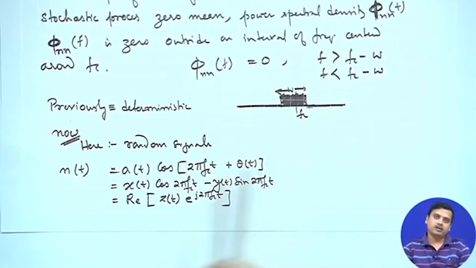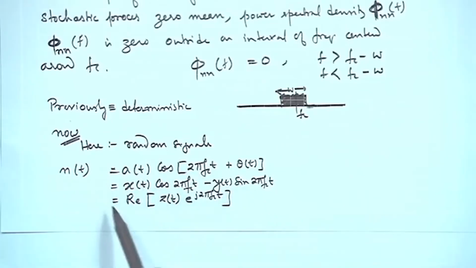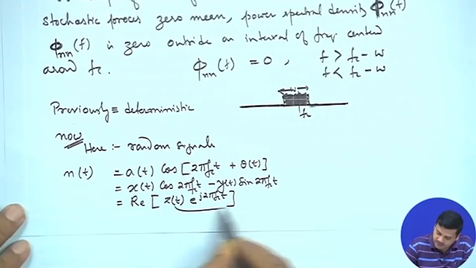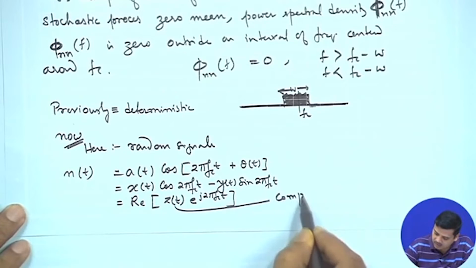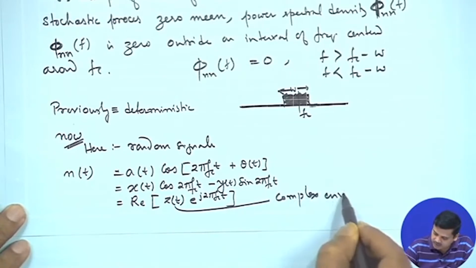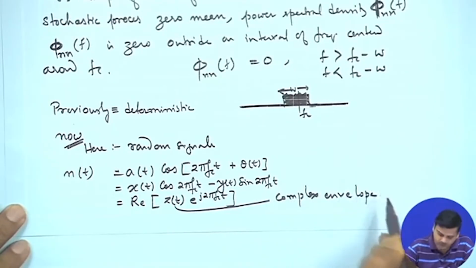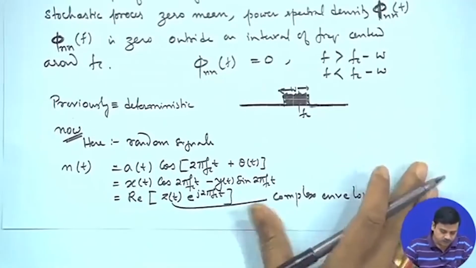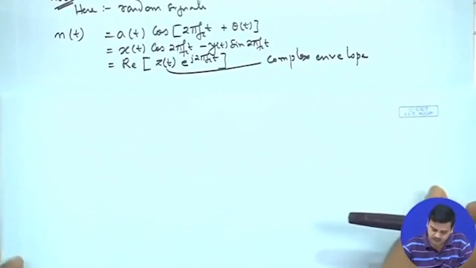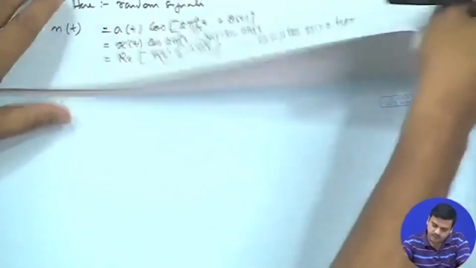So, it is a narrow band signal, and whatever be the signal, if it is narrow band and centered around f_c, you could represent it in a form which is something like this, and of course, z(t) is the complex envelope of this.